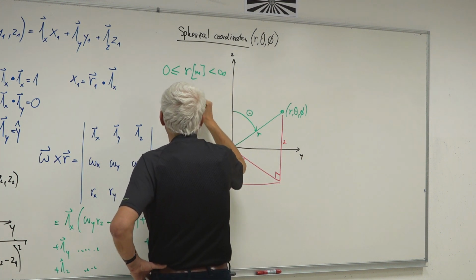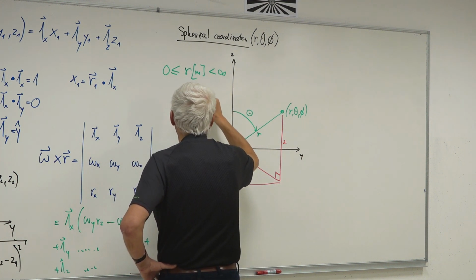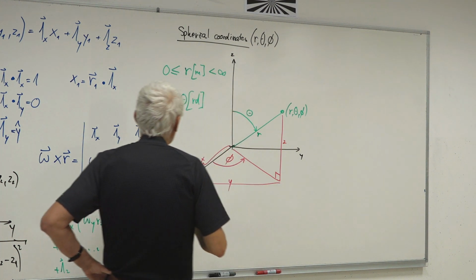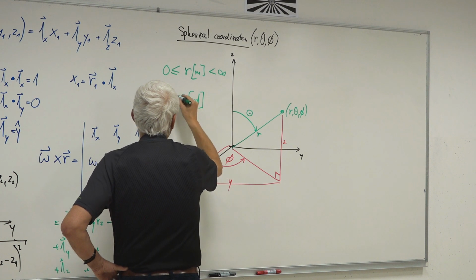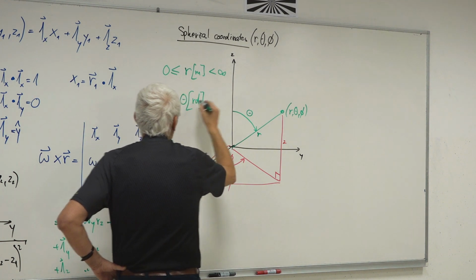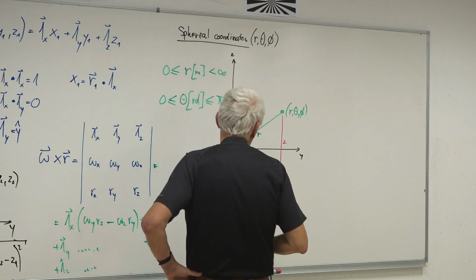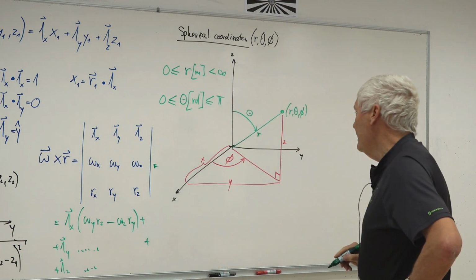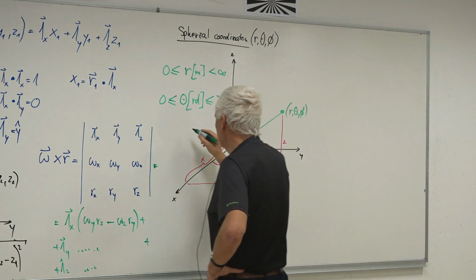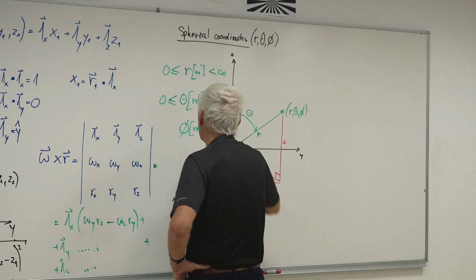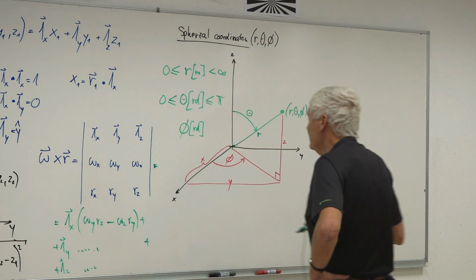The polar angle theta is measured in radians to have simple calculation. It goes from the North Pole, 0, down to the South Pole, pi. And longitude, we also measure in radians, not in degrees like in geography.